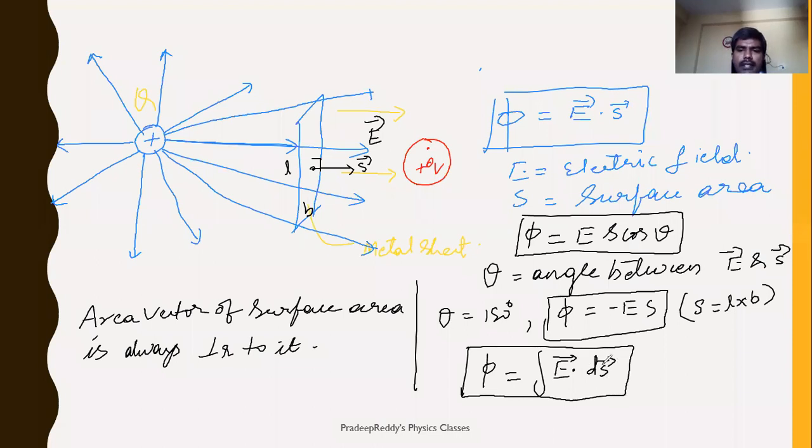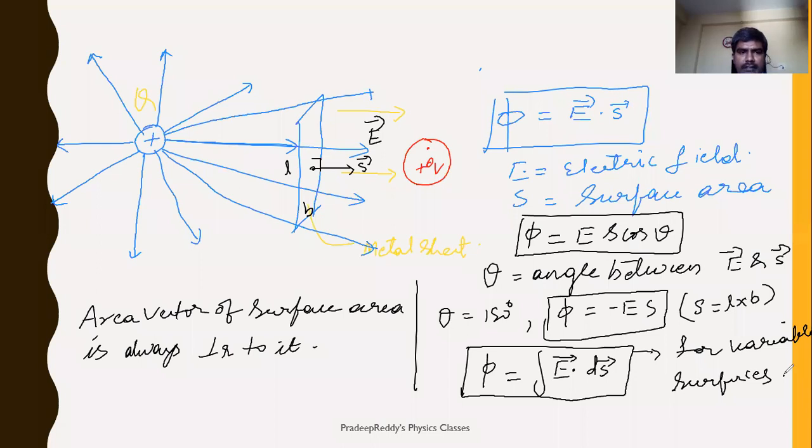The surface can be variable, or the electric field can be variable. In such cases, you will use integration and find the total electric flux through that particular surface. For variable surfaces, you will go for integration.